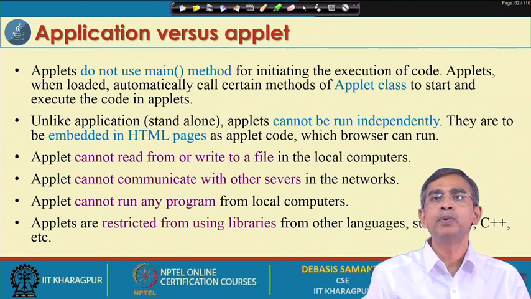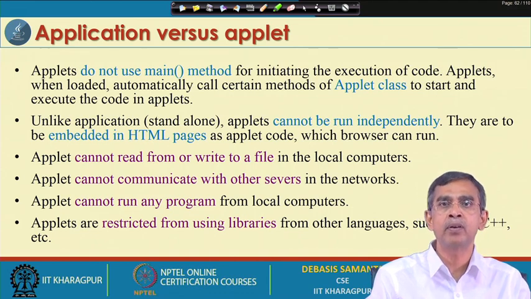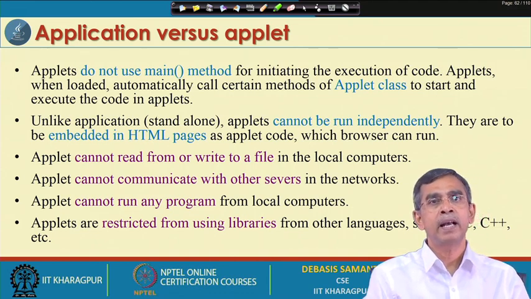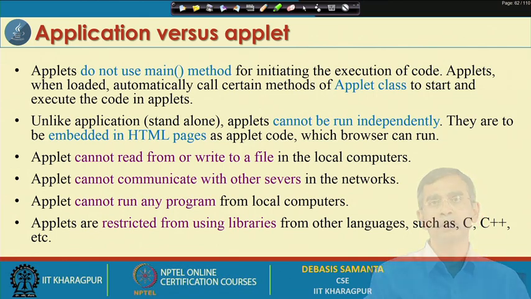So far as input and output are concerned, an application will allow reading input from any source, from keyboard, from file or whatever. But in case of an applet, direct input is not possible. If you want to give any input, then you should give all of it via an HTML file.